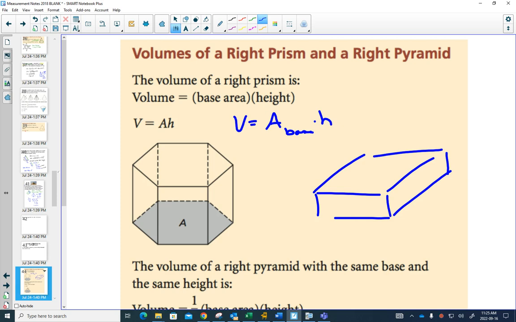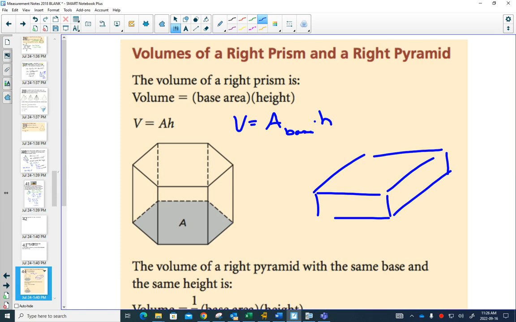And so the idea for any prism is if you figure out what the area of your one piece of paper is, and then you stack it and add that height, that fills that whole shape full of paper, and that's the volume. Volume is just the area of the base times the height.